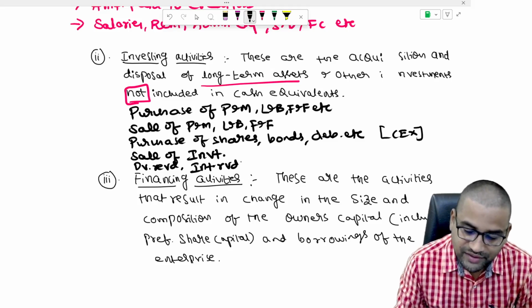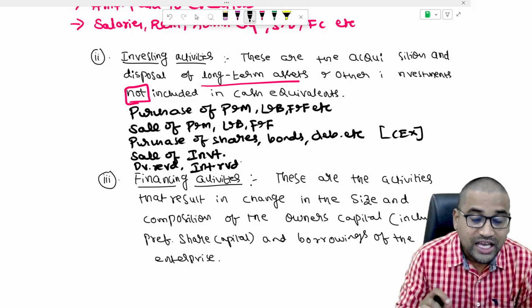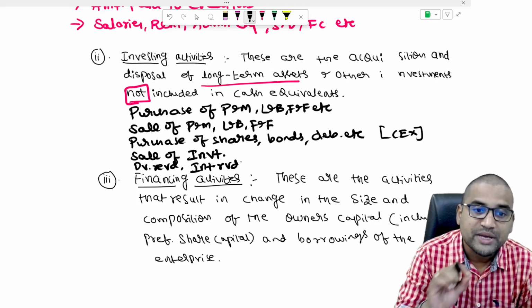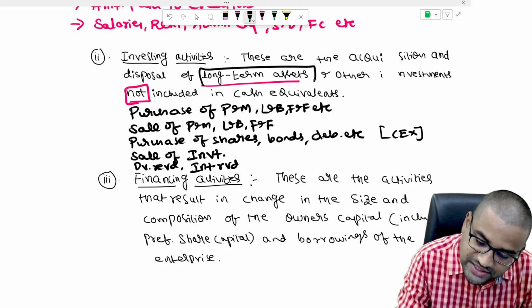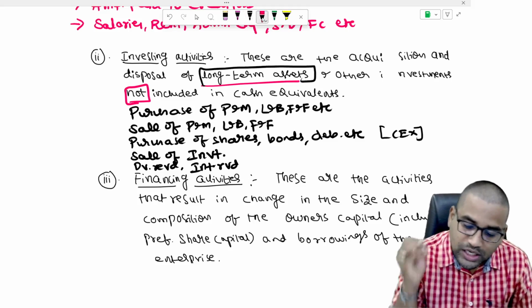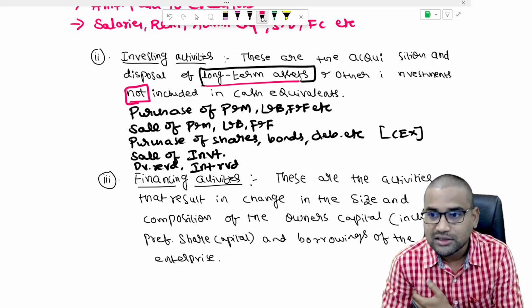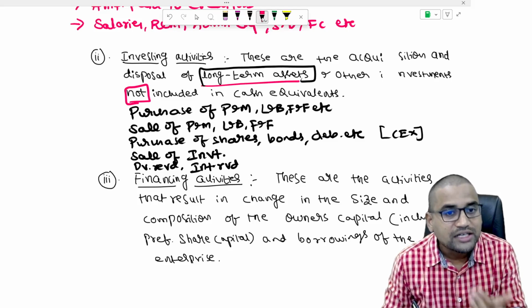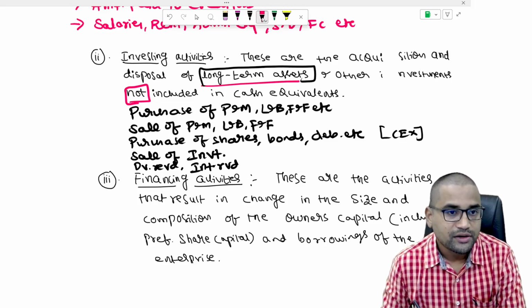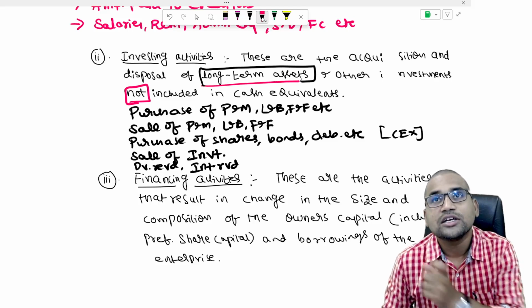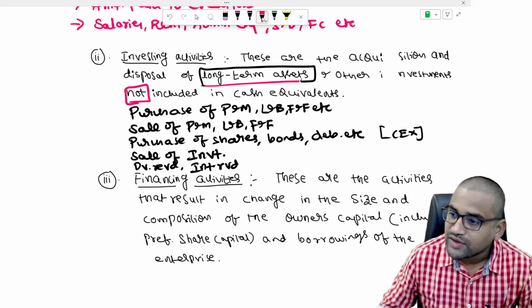So what comes under investing activity, sir? These are acquisition and disposal of long-term assets. Long-term fixed assets. Don't consider current assets. Only long-term assets and other investments not included in cash equivalent. If they are not included in cash equivalents, then they will come here. If they are included in cash equivalent, don't consider under investing activity.